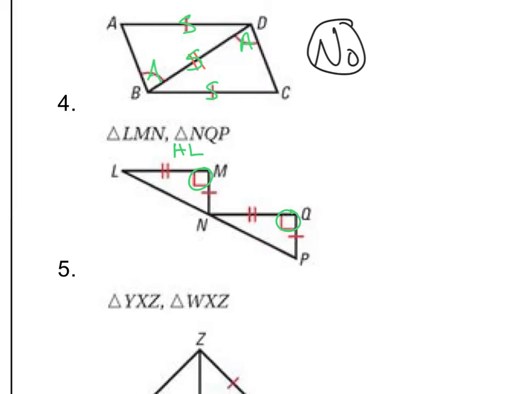So if we look out here, we don't have the hypotenuse, but we do have two legs that are congruent to each other. So this side is congruent to this side is congruent to this side. Now, even though we don't have the hypotenuse, we do have both legs.